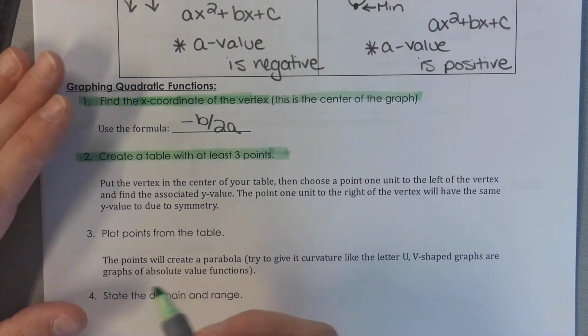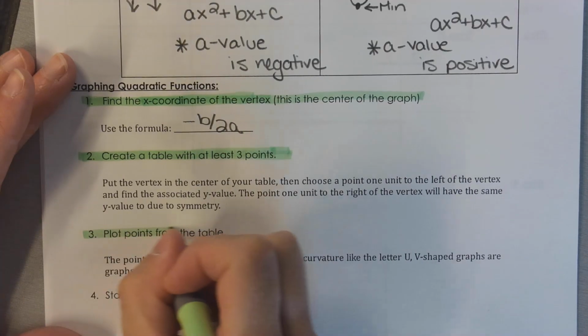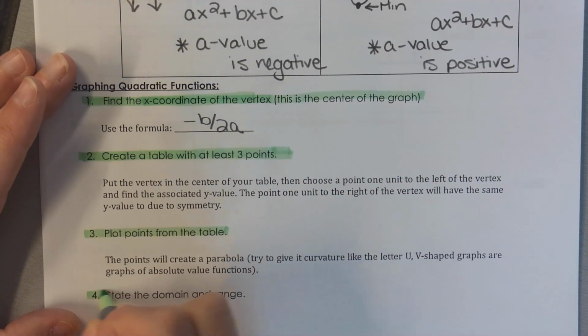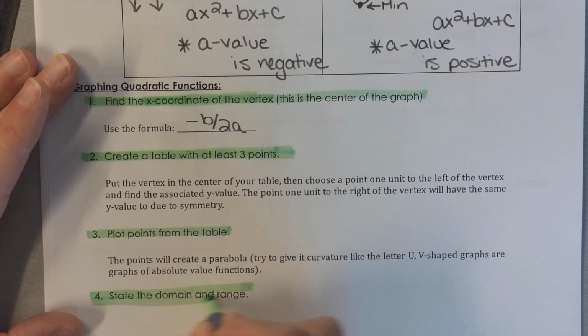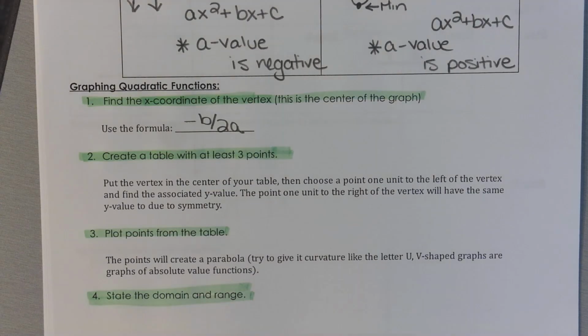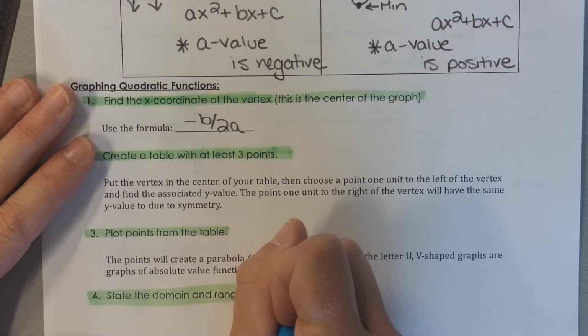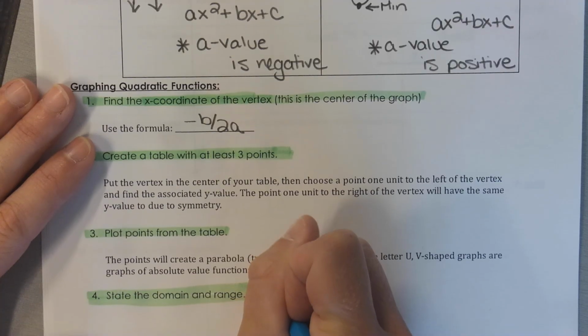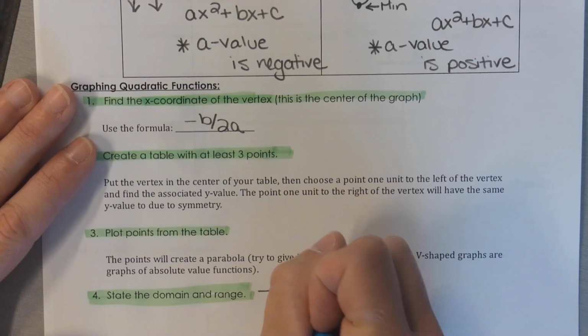And then you're going to go ahead and plot the points that you see. And then we are going to graph and state our domain and range. Do you remember that we had a couple different ways to do domain and range? Like we had set builder and interval notation. For this unit, we're going to stick with interval notation the whole way through, so you don't have to worry about switching.